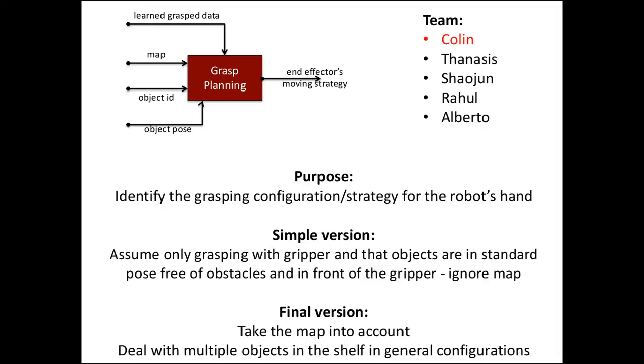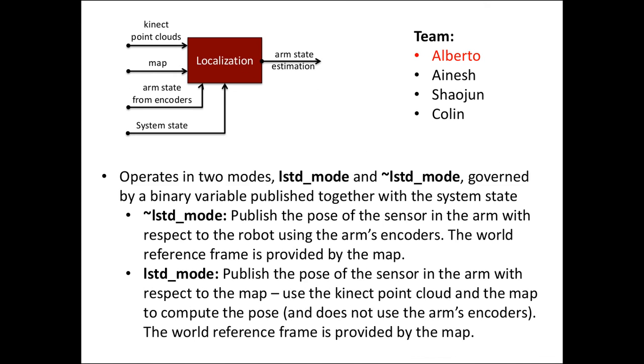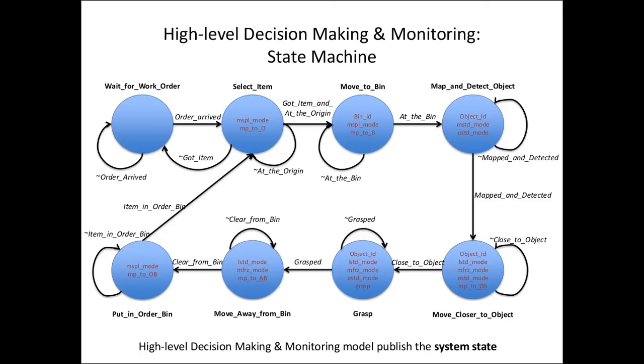So my idea for this grasping model, the simple version, is that when, let's go back to the state machine, when I move close to the object and get to the state, the object will be exactly in front of the hand.